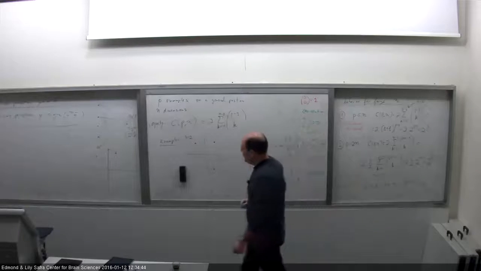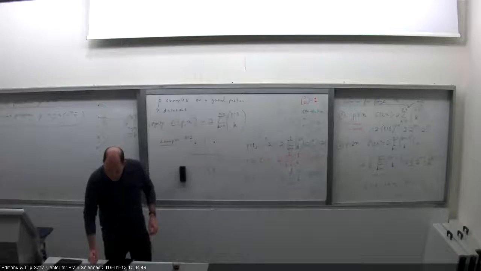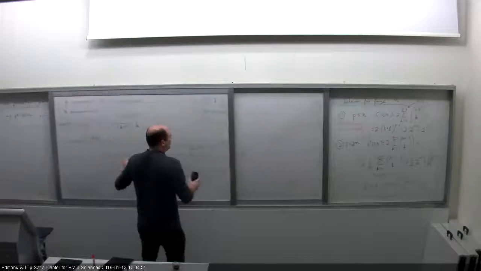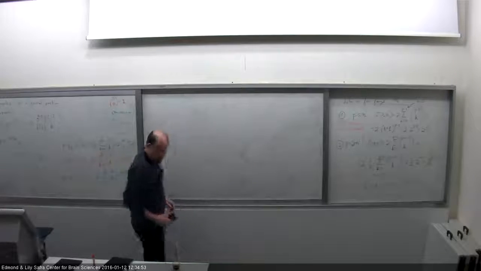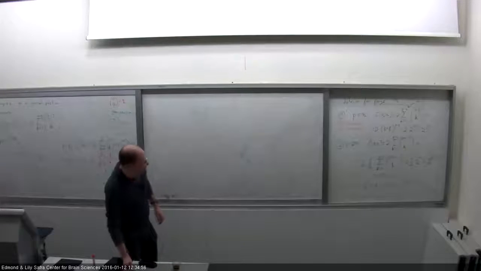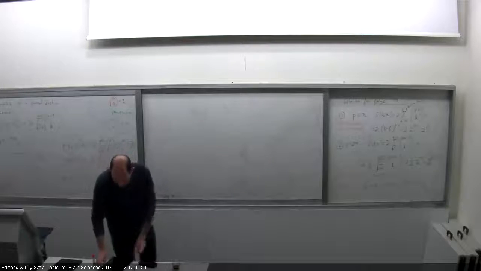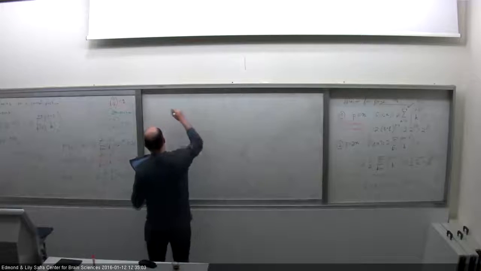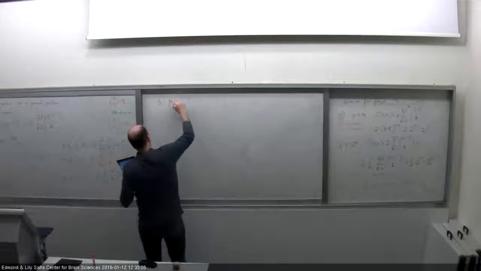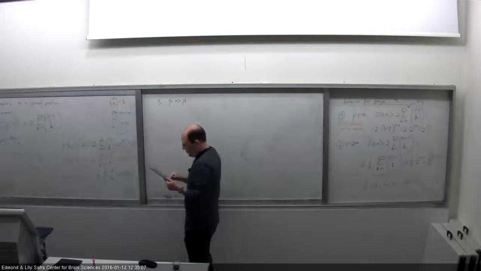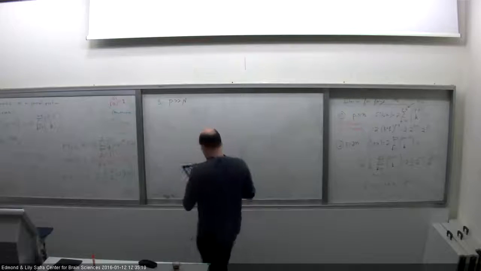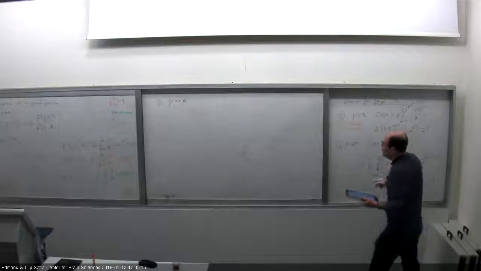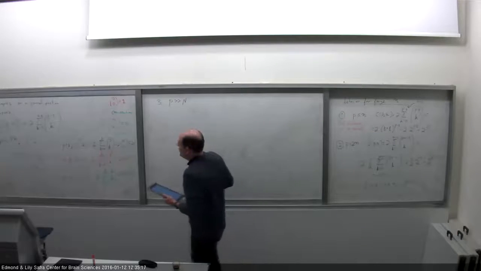And now the part where we will make an approximation is the case of p much larger than 2n, or much larger than n. So let's imagine that p is much larger than n. So what can we say about C of p over n? Again, we have the expression here.